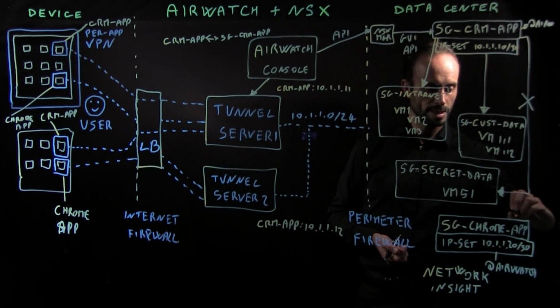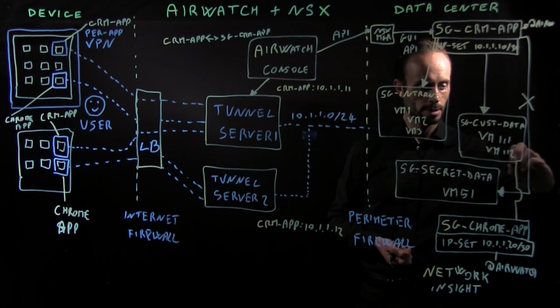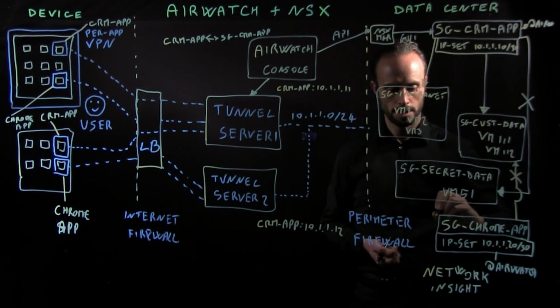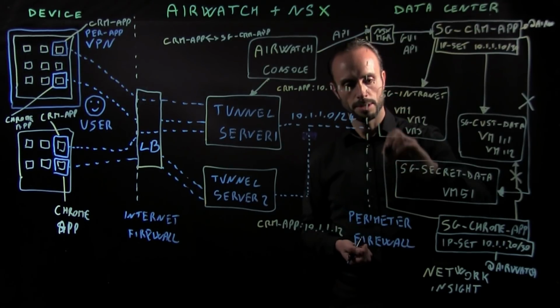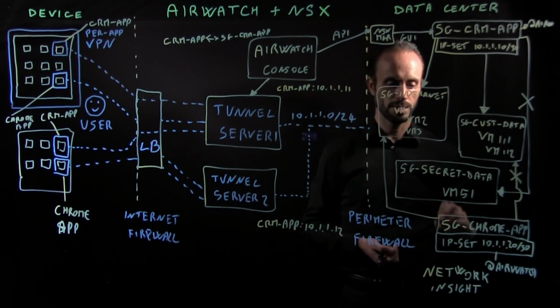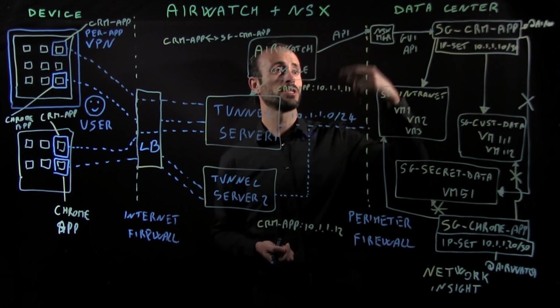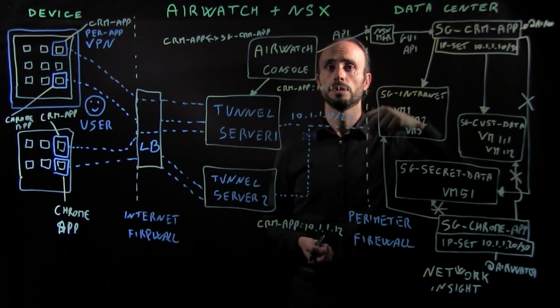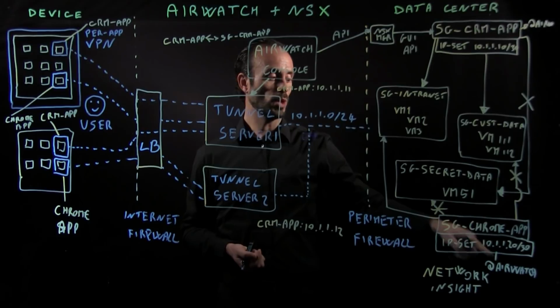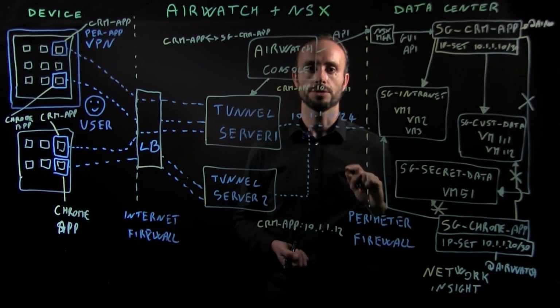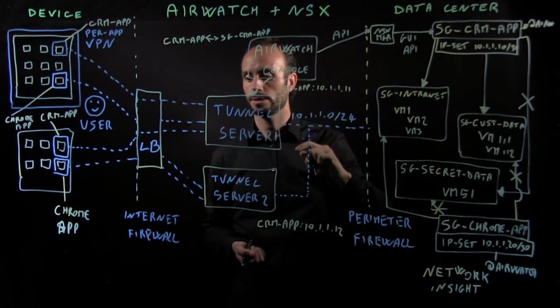So for example, in this case, we don't want the Chrome to access customer data. We want it to access the intranet. And as usual, we don't want them to access our secret data. Okay? This information is going to be available on the NSX manager. Given the fact that we have the Airwatch tag, it is going to be retrieved by the Airwatch console and will be available for the operator.